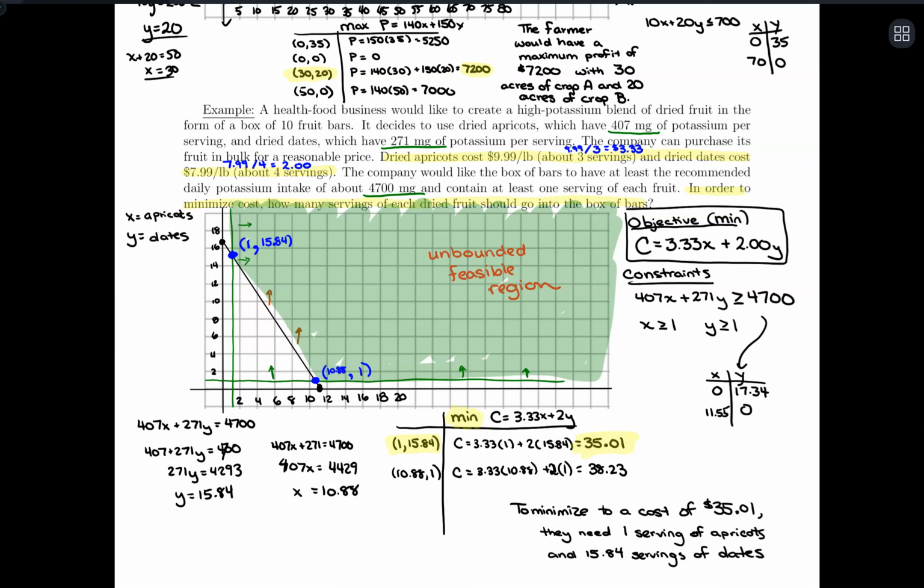So starting with that objective and then just reading through and grabbing everything else for the constraints, which will just take getting these pieces to come together. And then it's about graphing that system of linear inequalities, getting that feasible region, getting those corners of the feasible region, and evaluating with that objective function.